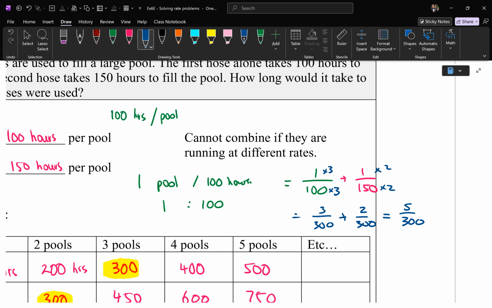And that's how you get your rate quicker for the combined one. Okay, so that's another way of doing it. And if you simplified that fraction, you would have got 1 over 60. So 1 pool per 60 hours.